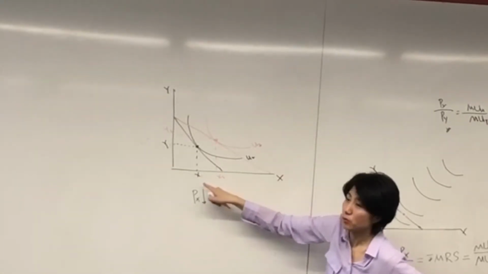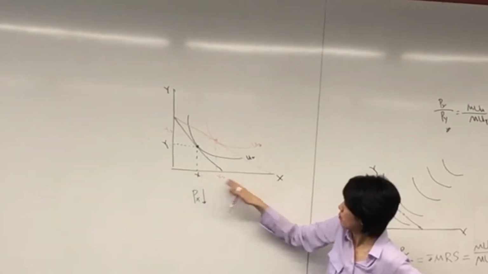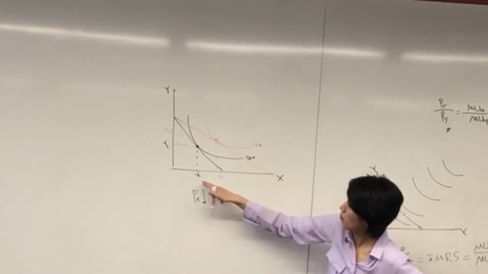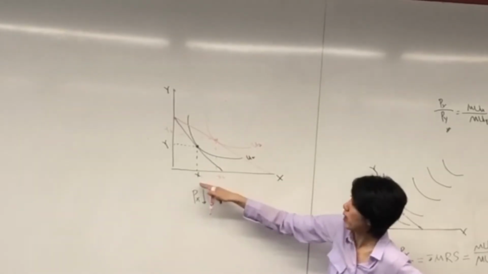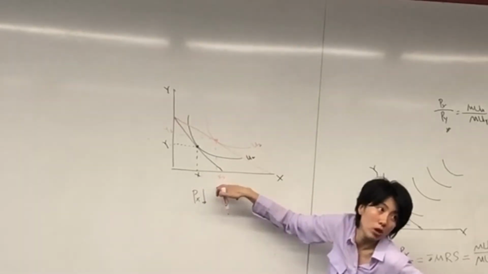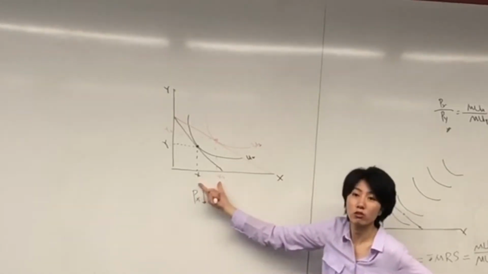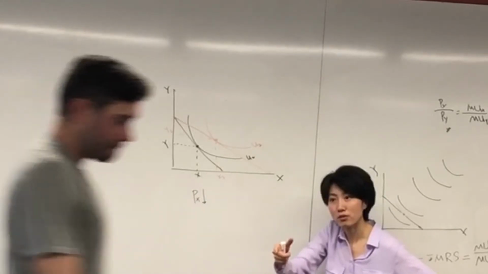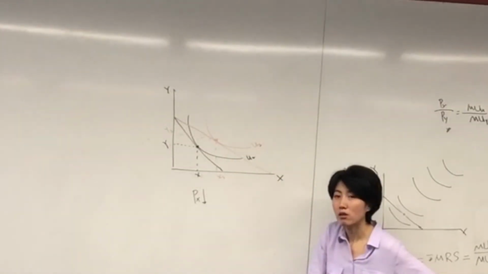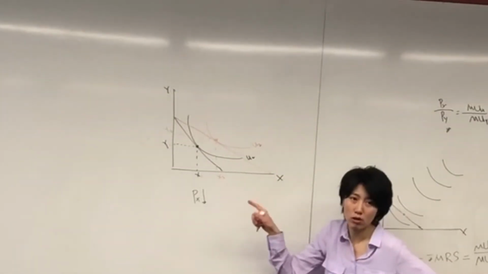Now we know that because the price of X decreases, the people will purchase more of X, from X1 to X2. You need to know that two effects work together to make this change: one is the income effect and the other is the substitution effect. On the midterm, a lot of people got that question wrong.